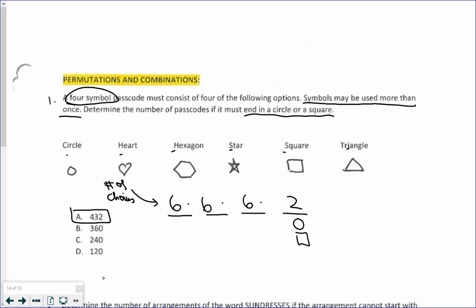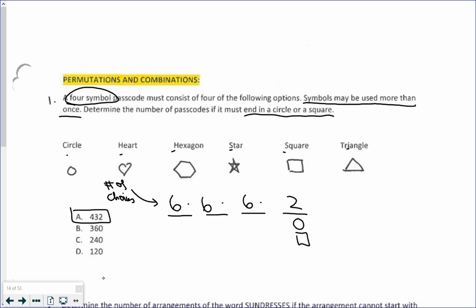If that happens and you cannot figure out what you've done wrong, your best bet is to pick the answer in the list that is closest to what you thought it was, because maybe what you missed is just one little thing. Like maybe you went 6, 5, 4, and didn't do repeats. In that case, you'd pick the one you're closest to.